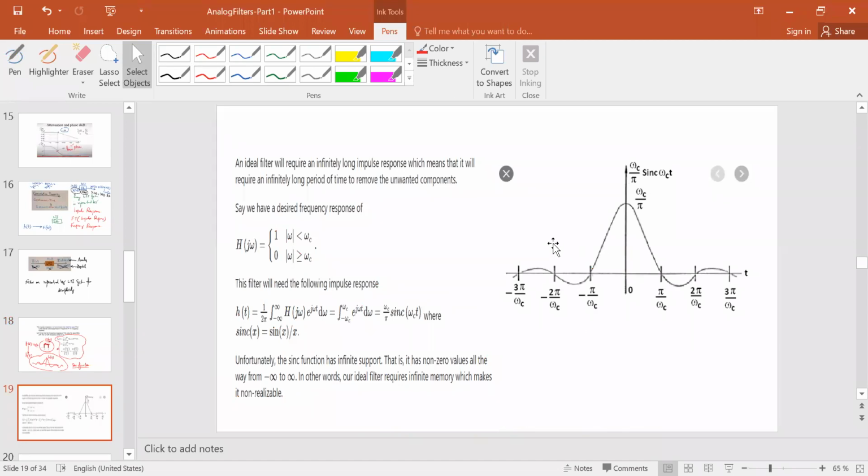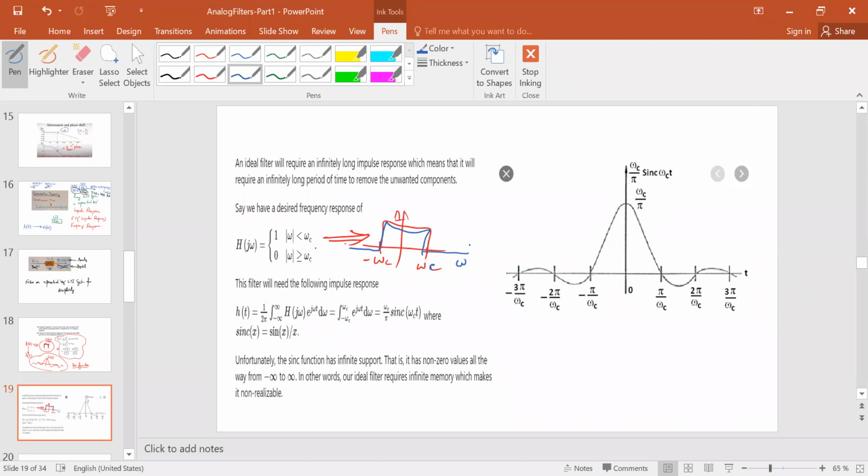Here I described again this impulse response and its behavior in time. The frequency domain behavior is that it goes from minus omega c to plus omega c, and here is 1. This is the equation. I'm just plotting the graph of this equation, and it is 0 before that, and suddenly it becomes 1 between minus omega c and plus omega c, and then 0.